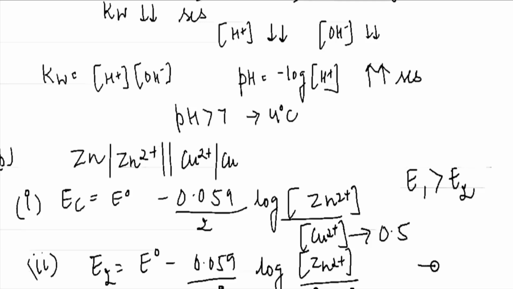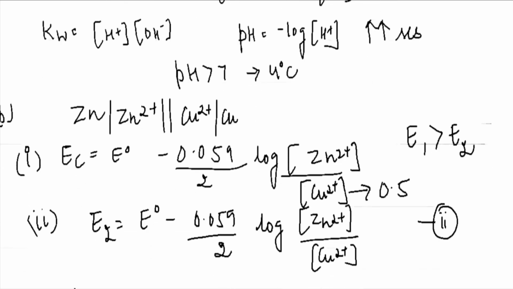This is the second case. And now we will subtract the second from the first, that is, E1 minus E2.